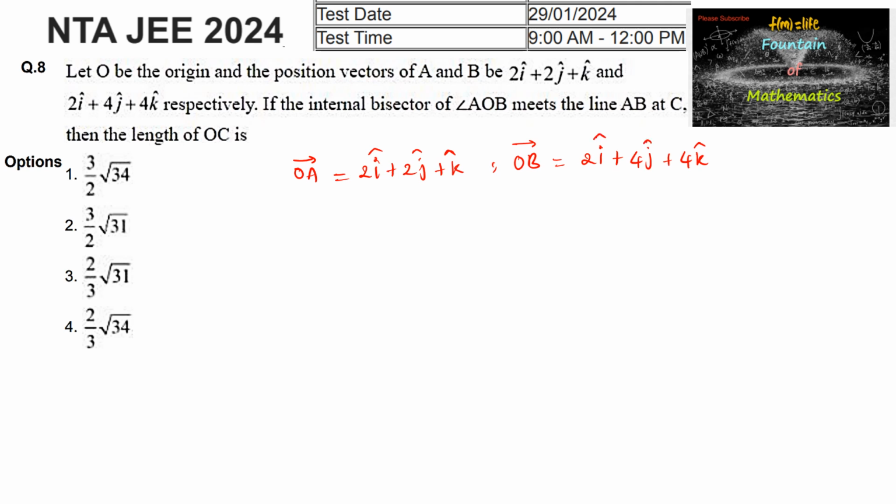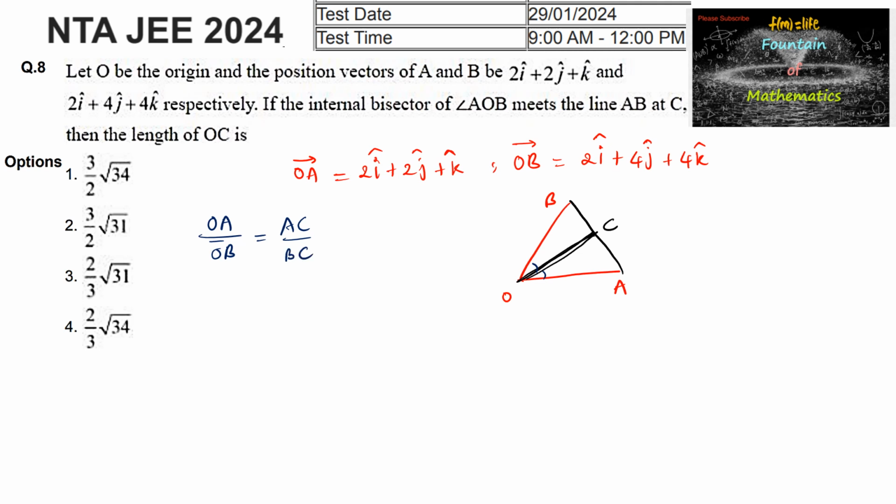And if the internal bisector of angle AOB, say this is A, O and B, meets AB at the point C, then the length of OC is, since it is a bisector, we know from the bisector theorem, OA upon OB is equal to AC upon CB.